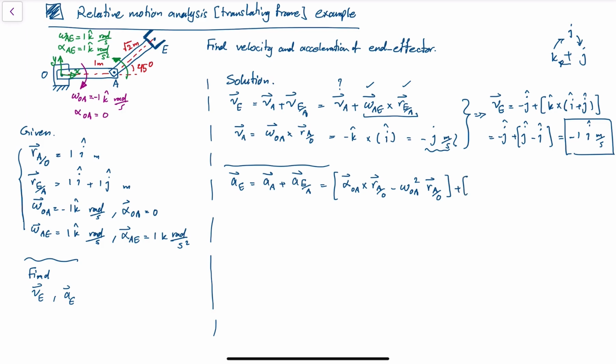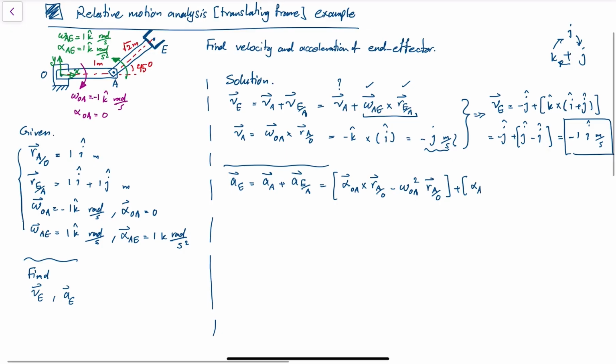The second one, everything about the other link. Alpha AE cross R of E relative to A minus omega AE squared R of E relative to A. So this one, the problem says it's 0. So that is good. I can calculate everything.